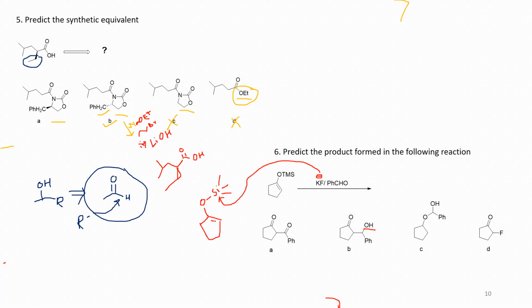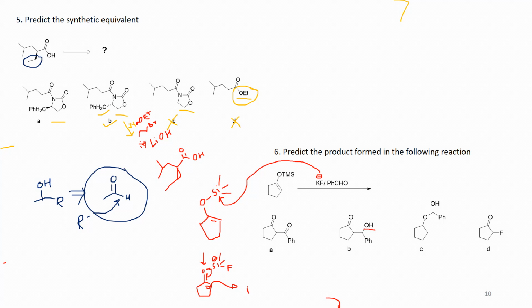So what will happen? The silicon is now pentacoordinated. This bond will break and this carbon center will attack the electrophile.